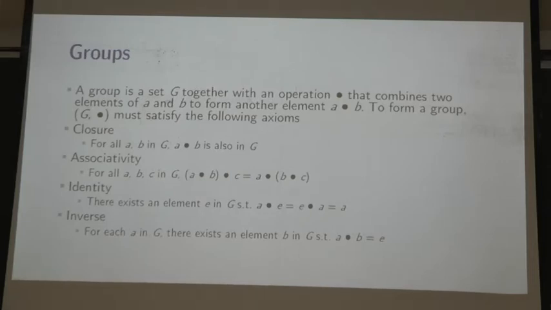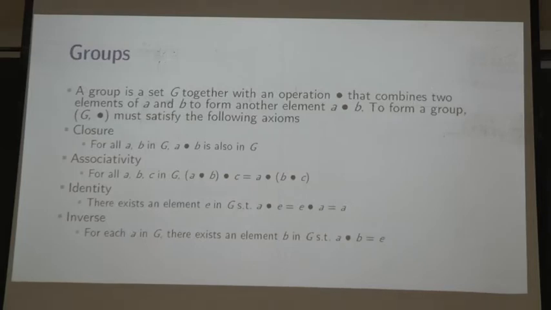In the example of addition of integers, this identity is 0. So 0 exists in the set of integers, which means that addition as applied to the set of integers is a group. If I said addition applied to the set of whole numbers not including 0, then it wouldn't be a group because the other properties would be true but the identity property would not be there.